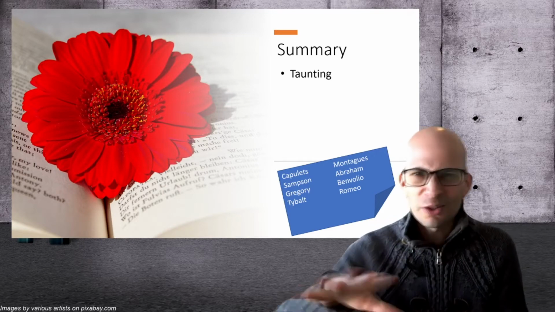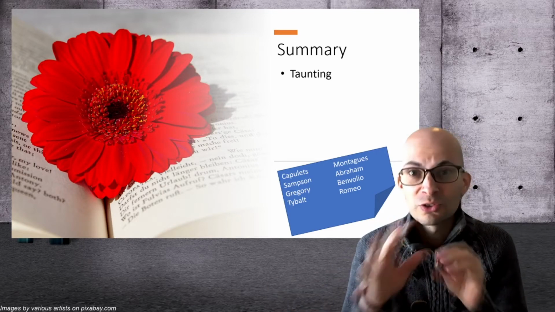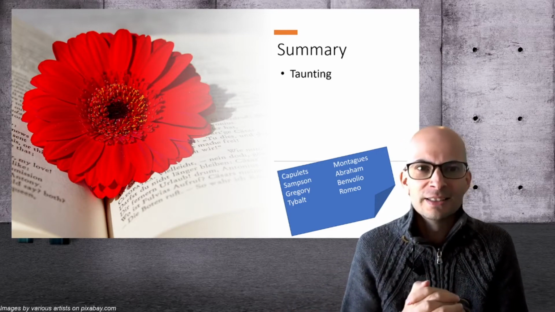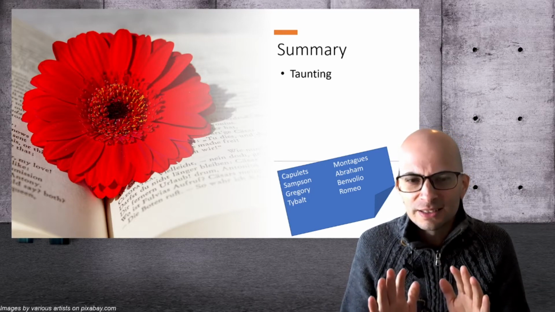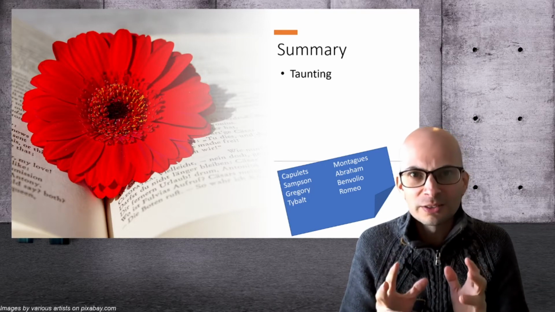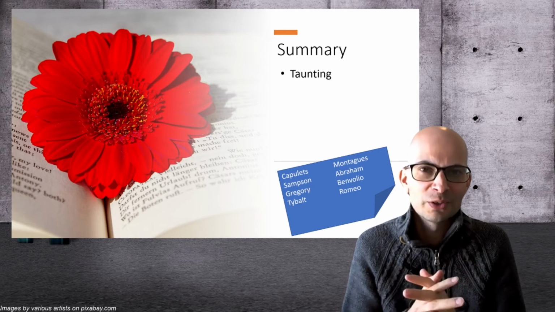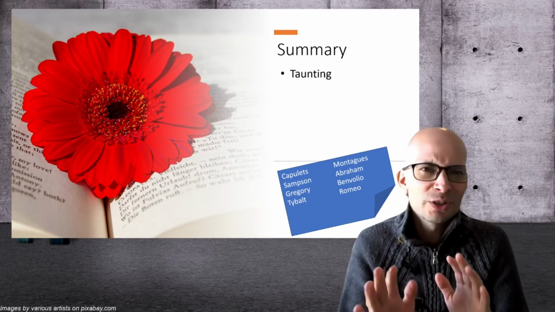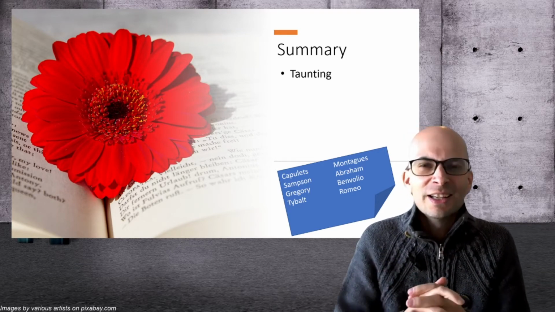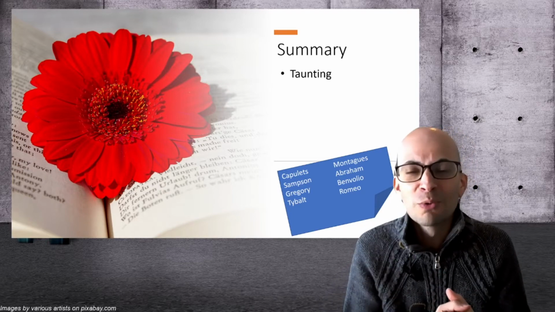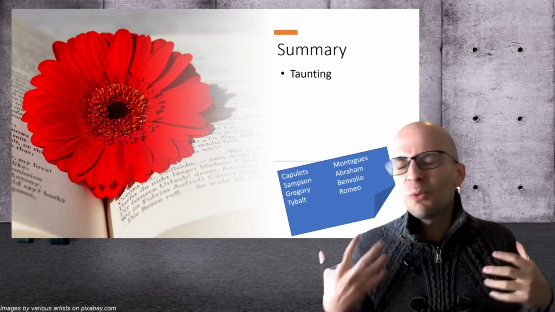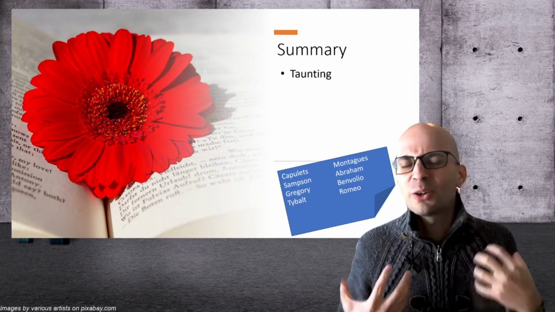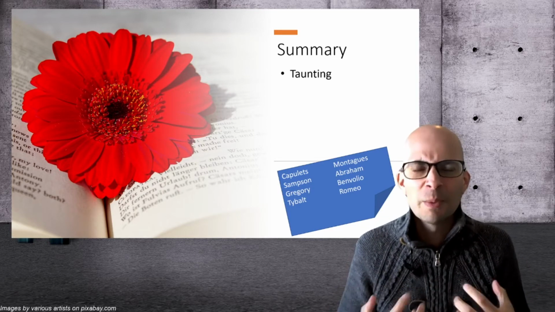I hate these other people. And Gregory really wants to fight. He wants to fight a Montague, and Samson's kind of pushing him a little bit, and he's like, man, if you saw a Montague, you wouldn't fight, you'd run away. And Gregory's like, I wouldn't run away, I'll kill him, I'll just stab him right now, I'm the best.